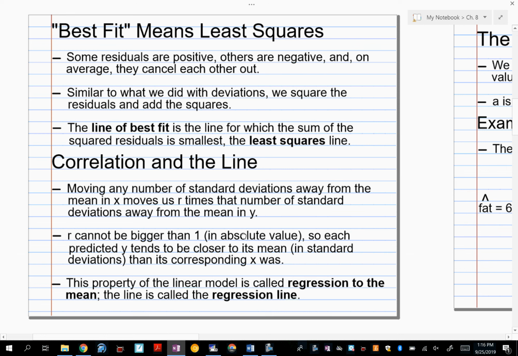Remember that day? On that day, we always subtracted our data values from the mean, but some of our data values were above the mean and some were below the mean. So we get positive numbers and negative numbers, and when you add those together, you start to cancel them out. To avoid that, we squared everything. You guys remember that?